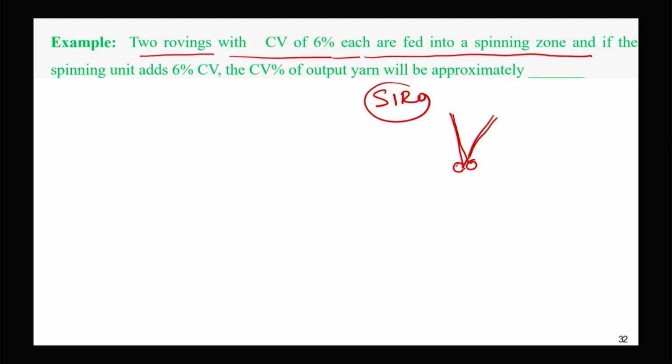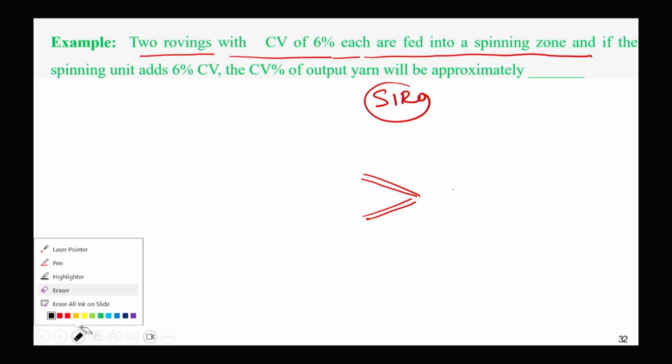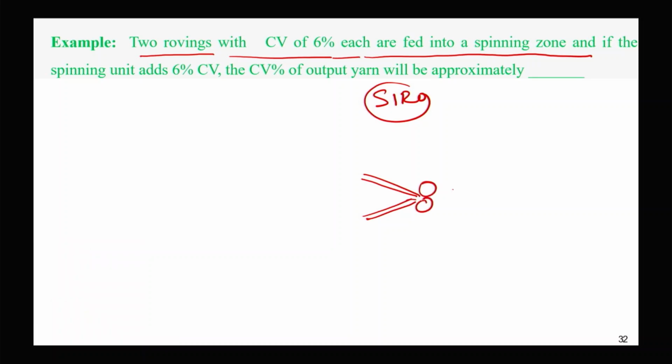Let me draw once again: two rovings, and then it's drafted.